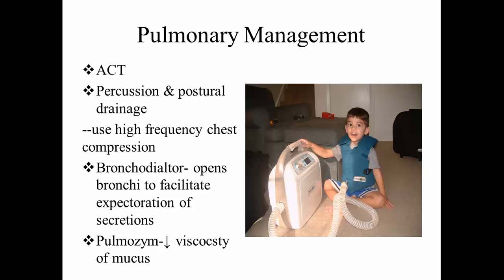In addition to that, the child will have bronchodilators to open up the bronchi to facilitate the expectoration of the secretions, and they'll also receive Pulmozyme, which decreases the viscosity of the secretions, and that will help loosen those secretions.